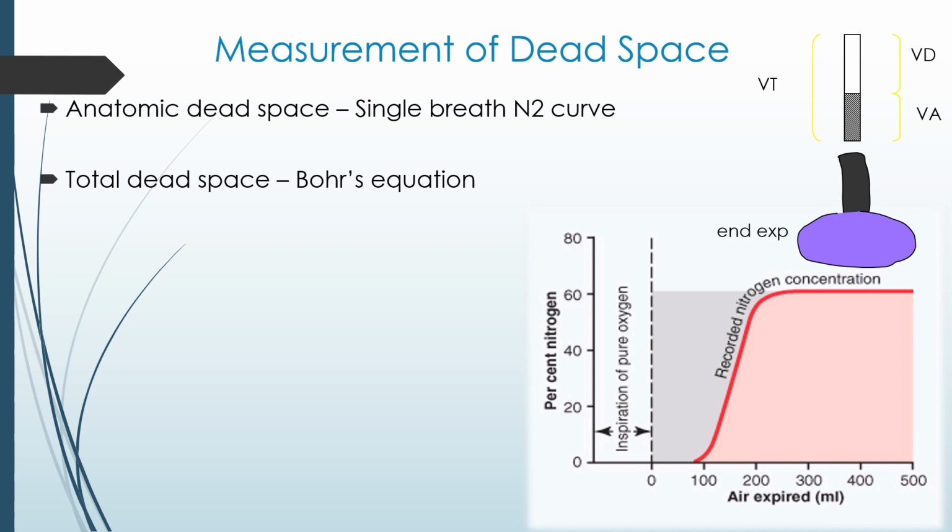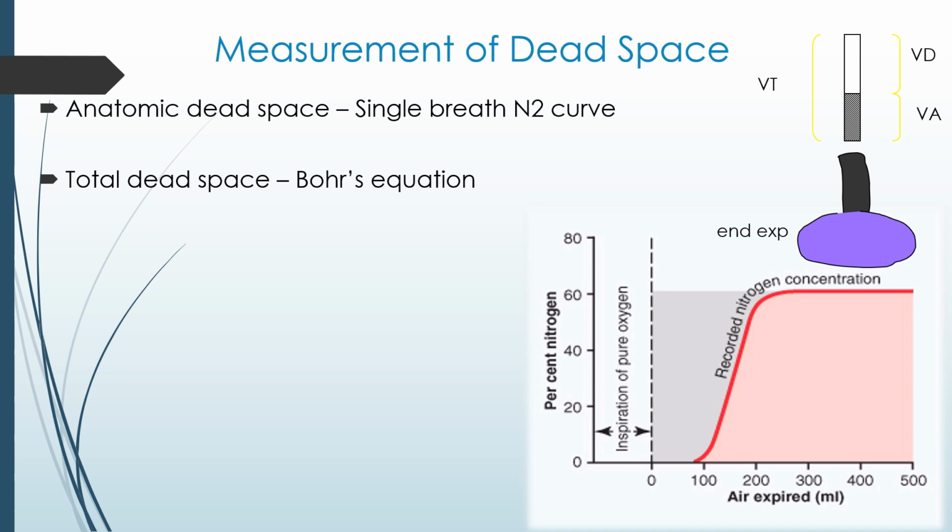and total dead space can be measured by Bohr's equation. This Bohr's equation is used to measure the dead space by determining the pressure of carbon dioxide in the expired and the alveolar gas.